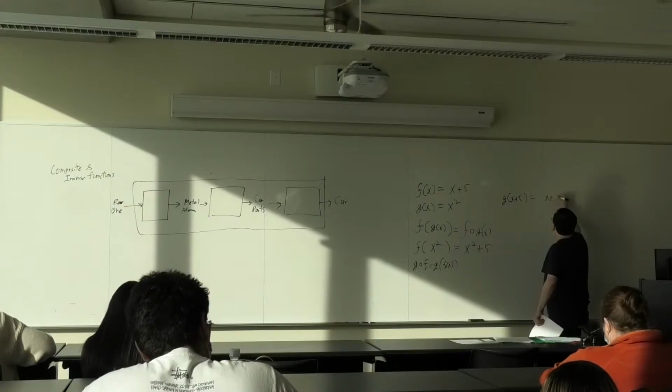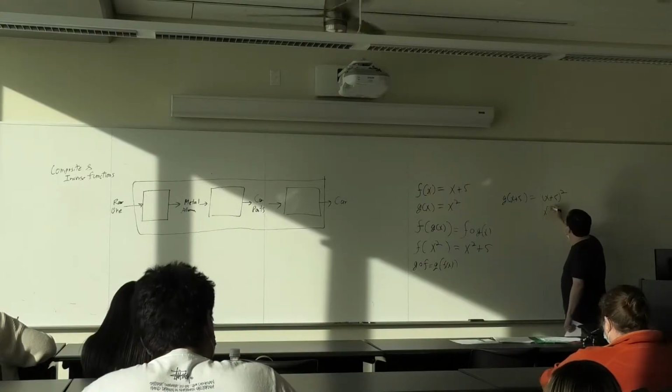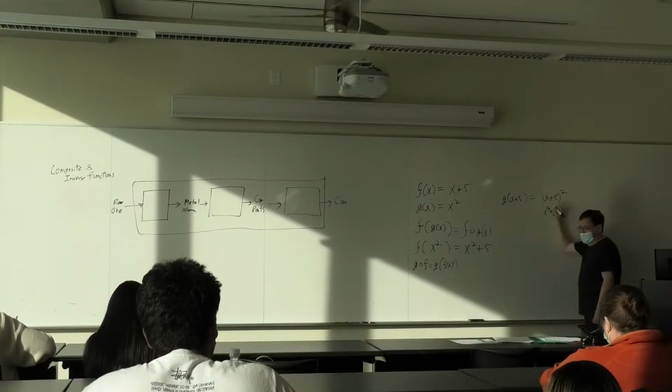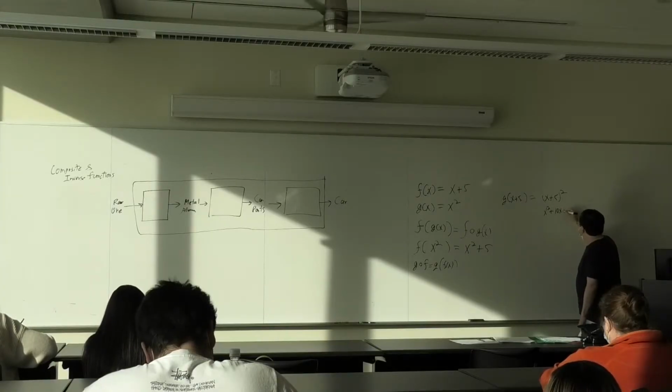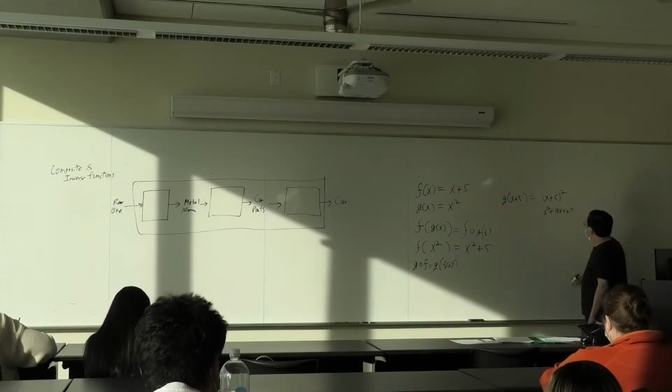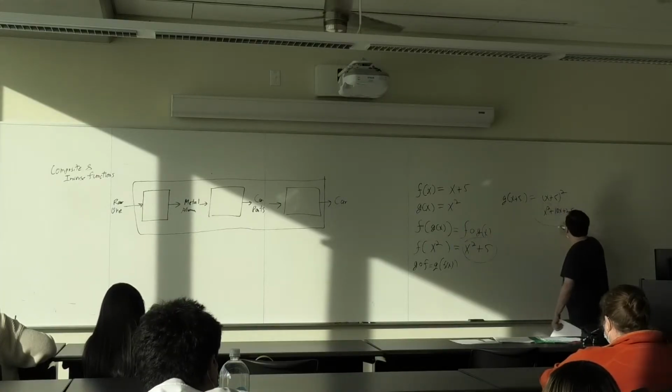So this is x plus 5 squared, which if we want to expand it is x squared plus, this is our a plus b squared pattern, 10x plus 25. Well, you can see these are definitely not the same, right?